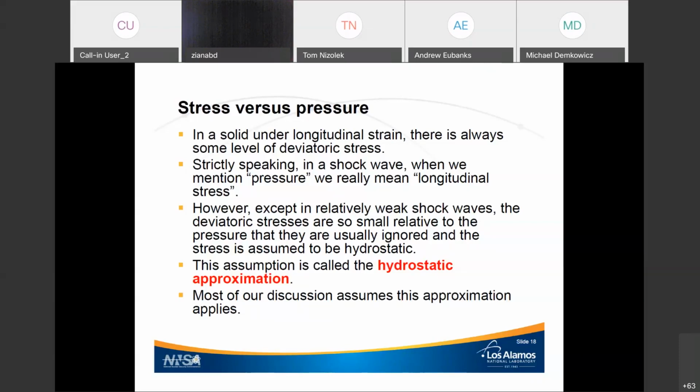And so the material yields plastically. Once it has yielded, it's on that yield surface, and any further application of shear stress will just make it continue to flow at the same shear stress that it was at when it failed. So the material in a shock wave is sitting on the yield surface.